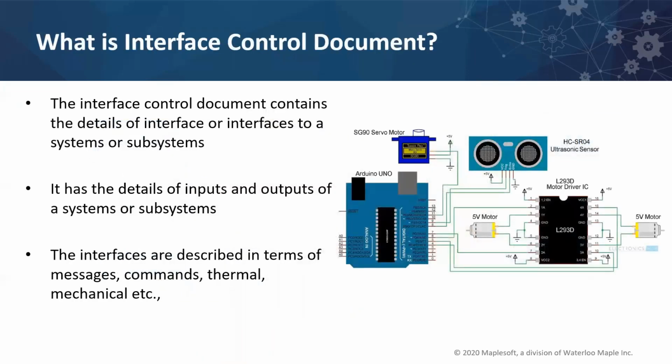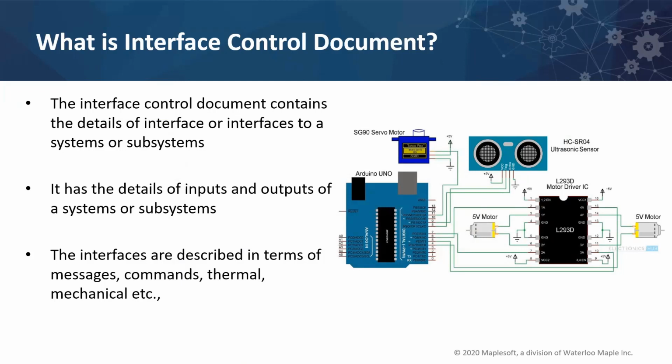So now, moving on to the interface control document. What an interface control document is, it contains all the details of the interfaces to a system, or between the system, or between its subsystems. In an interface control document, you're also going to see all the inputs and outputs that a system, or the subsystem of that system, has.